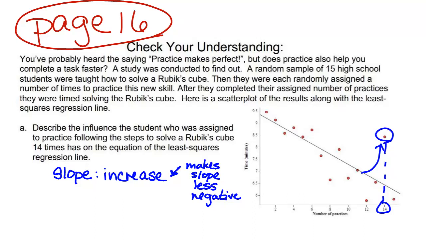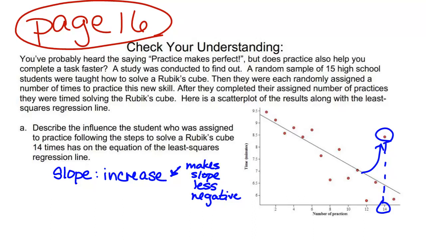When I add a point that is above my least squares regression line, it's going to increase my slope. Sorry, when it's over on the right like this, and I add a point above. If I add a point below, it's going to pull it down so it would decrease my slope.